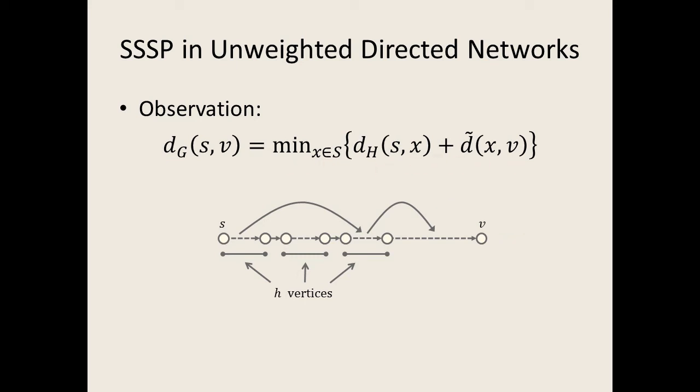To see this, let us fix some shortest path from S to V in G and divide this path into a sequence of consecutive paths of h vertices each, as we can see here.